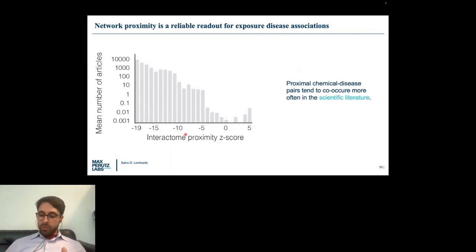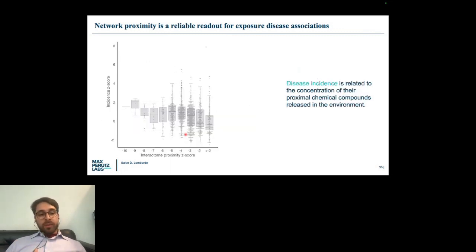And a further step to validate that was actually to take real data. So what we have done was to look at the incidence worldwide of those diseases that were close to some exposures. So we checked the concentration of the exposures in each country, and then we extrapolated those exposures that were particularly abundant in each of these countries. And then we took the diseases that were close to these exposures that were particularly abundant in each of these countries.